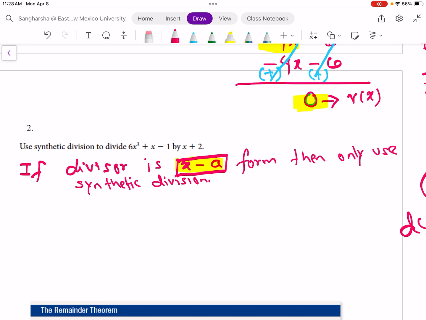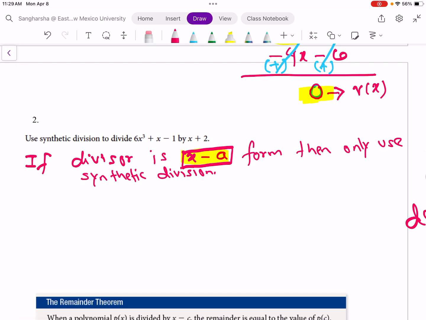Okay, now in order to use synthetic division, we have to find, in your book they have used c, so let me use c here instead of a. It's the same thing. So c and a are any number. In order to use synthetic division, we need to find what c is at first.